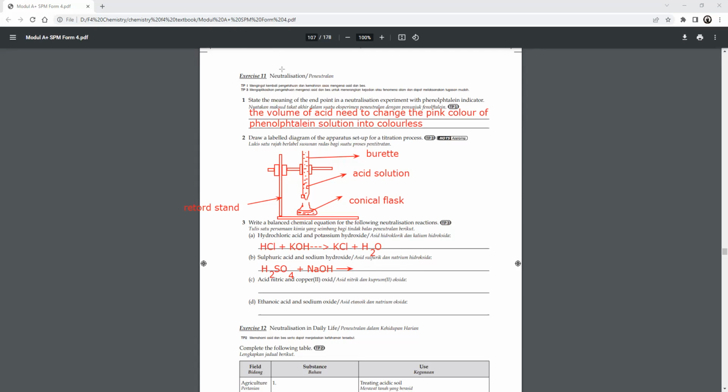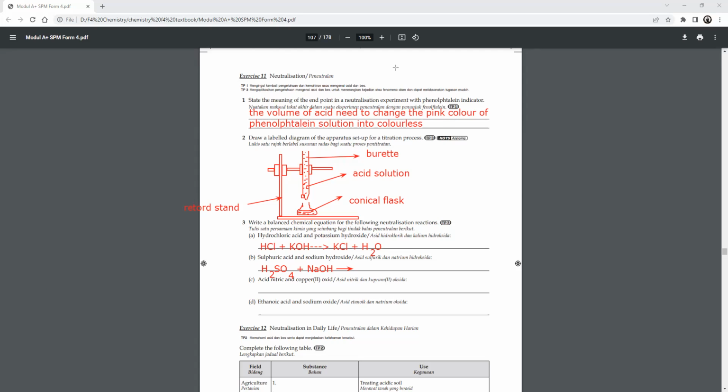Give me an answer. Come on. Write the equation and help me to balance it. Come on.